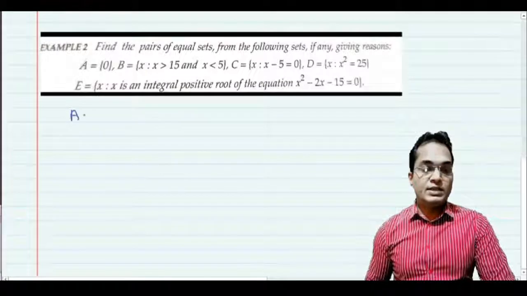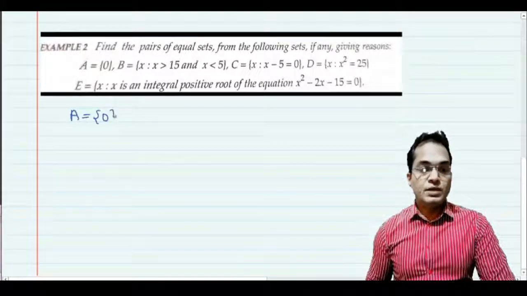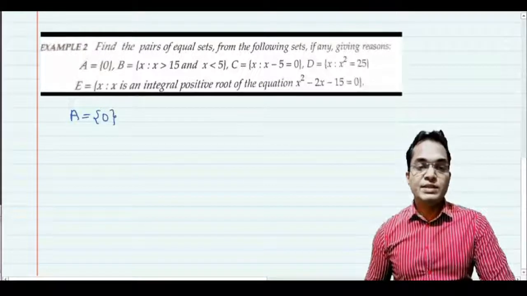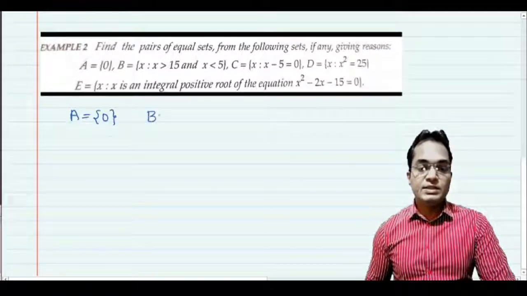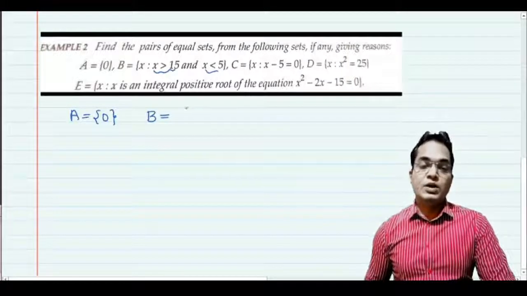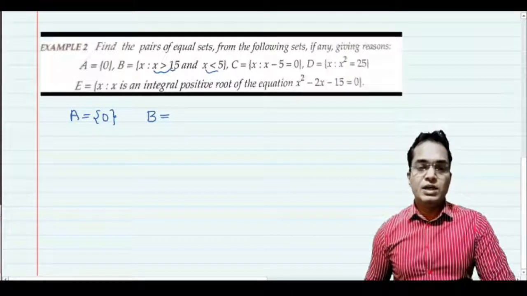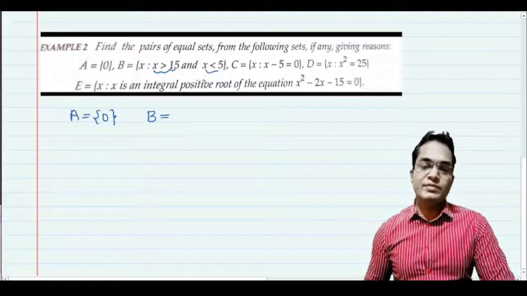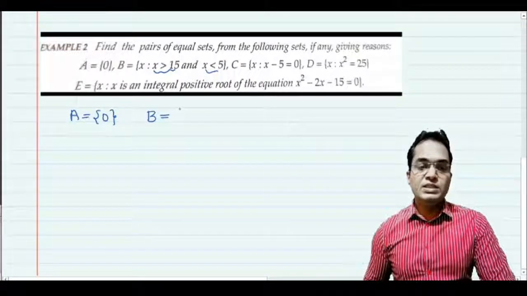First, A equals to {0}, an example of a singleton set. Set B is such that x is greater than 15 and less than 5. How is it possible for a number to be greater than 15 and less than 5? Means B is empty, there are no elements.